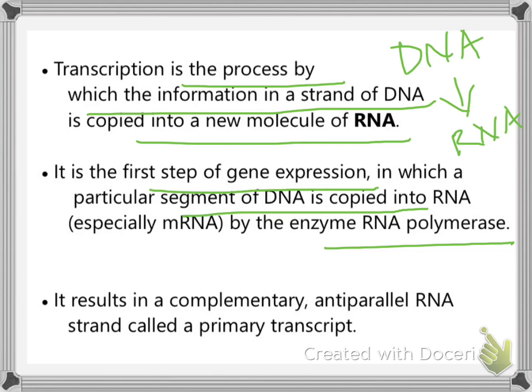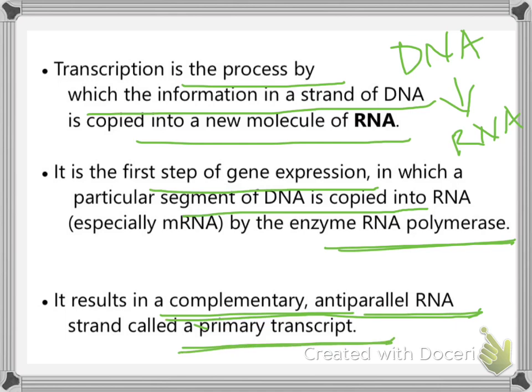So transcription is the process by which the information in a particular segment of DNA is copied into a new RNA molecule by the enzyme RNA polymerase, and it results in a complementary antiparallel RNA that is called the primary transcript.